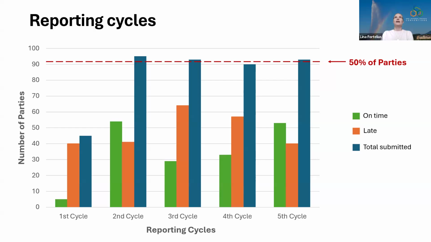So many working groups and expert groups are analyzing data from the submitted national reports to give their advice to the COP that will be held in Panama in April 2027.